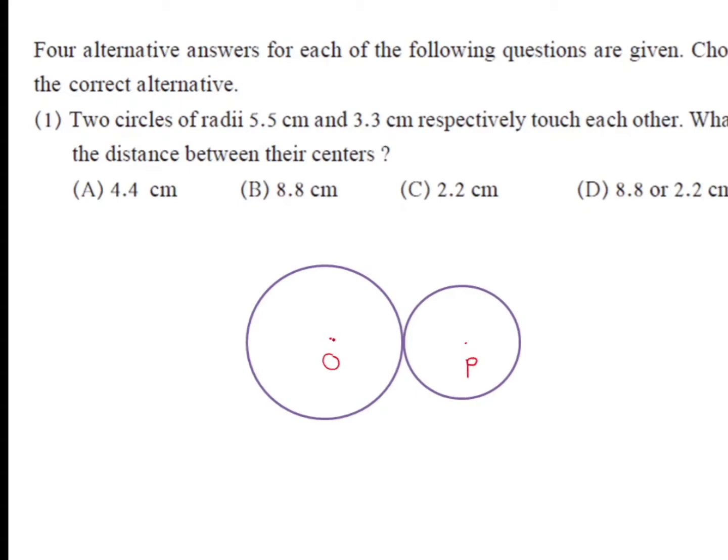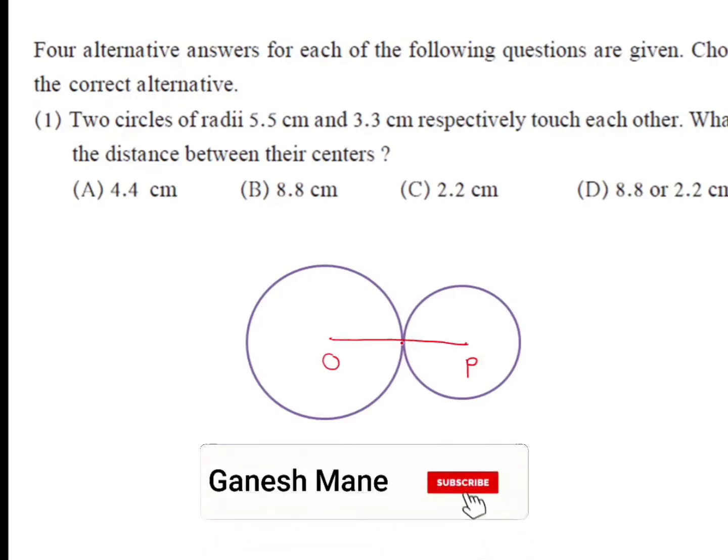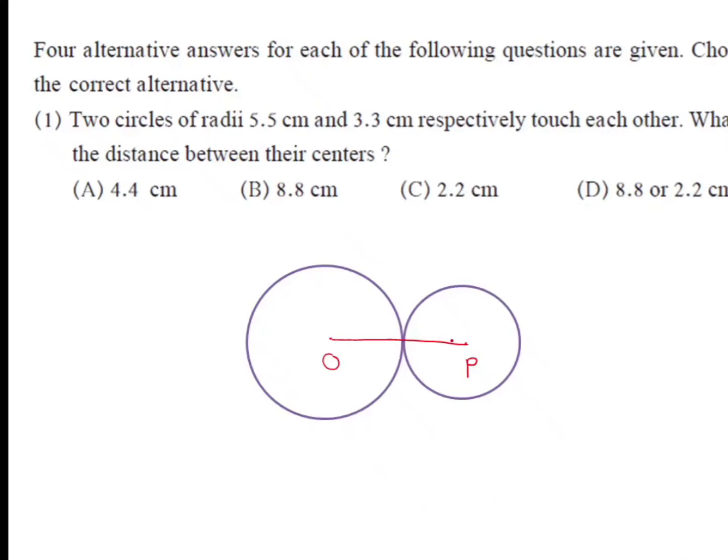Now if we draw a line segment joining these two centers, we know that the common point of these two circles lies on this line segment. So let that common point be M. Now if we have to find the distance OP, that is, the distance between the centers of these two circles, then for the larger circle the radius is 5.5 centimeter and for the smaller one it is 3.3 centimeter.